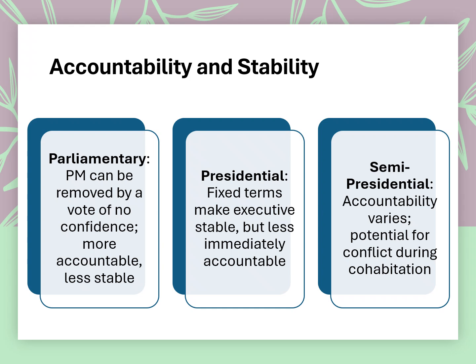In the semi-presidential system, accountability depends on how powers are divided between the president and the prime minister, which can be complex, especially during cohabitation or when they're from opposing parties. Conclusion to this: parliamentary equals more flexible, presidential equals more stable, semi-presidential can be either, depending on the current structure.